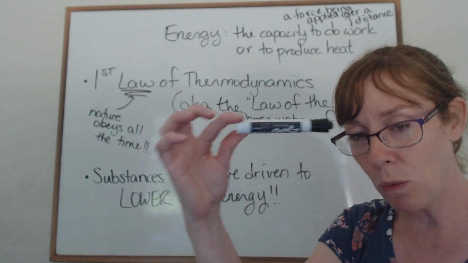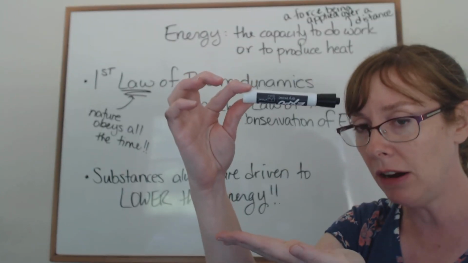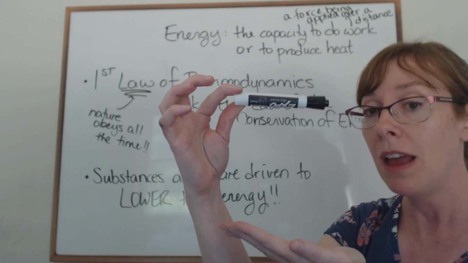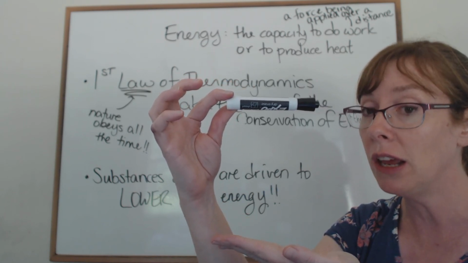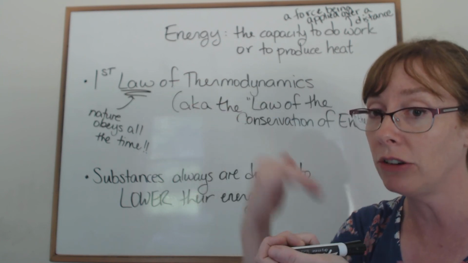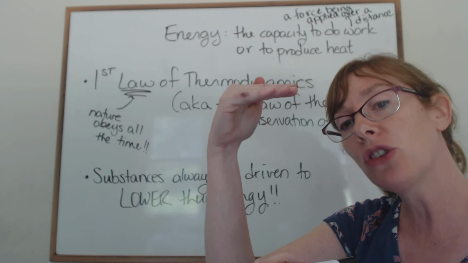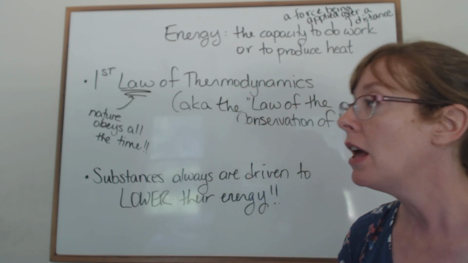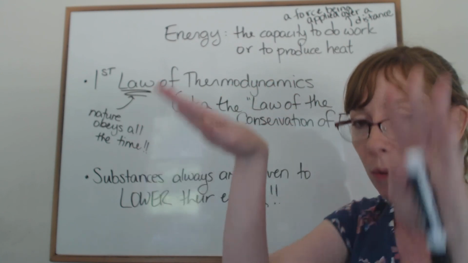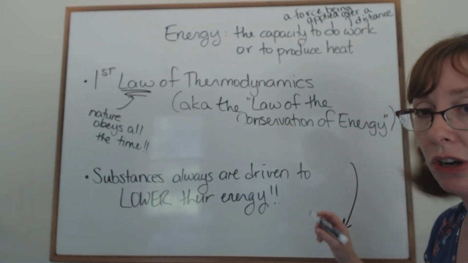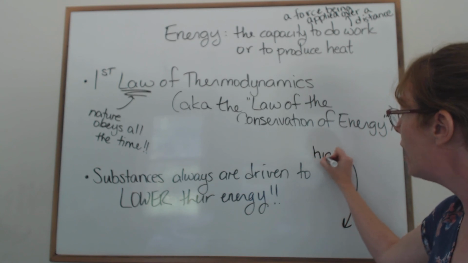There is a reason why this marker, when it's high energy up here, doesn't naturally fly up higher. If I remove myself from the situation, it will always lower its energy. It doesn't raise its energy on its own. It will always naturally want to lower its energy. There's only one direction that matter wants to go in, and that's from what we call a high energy.